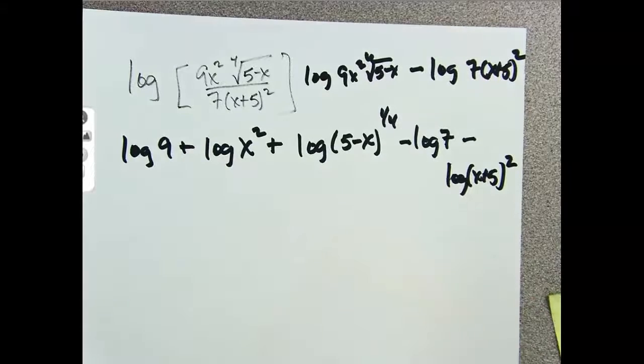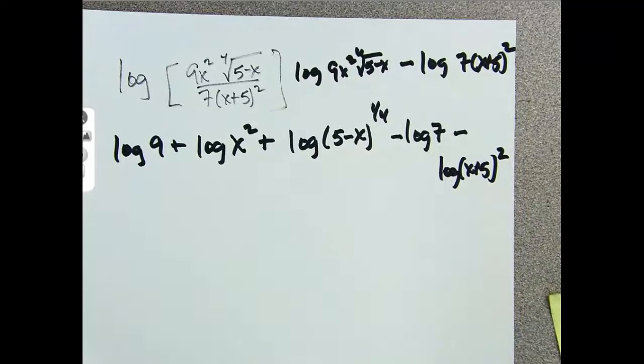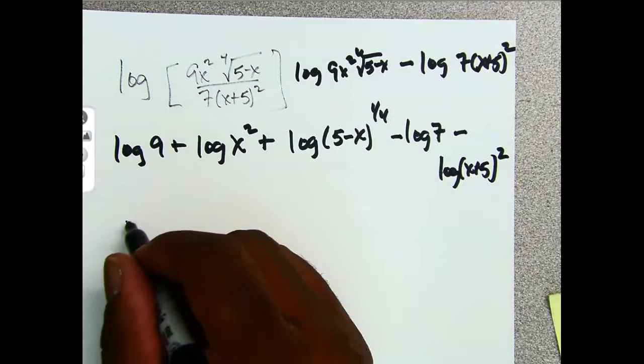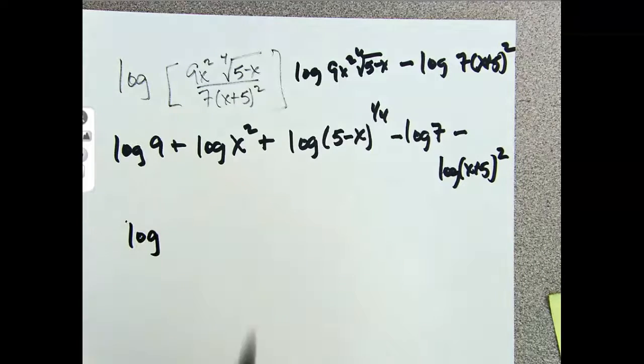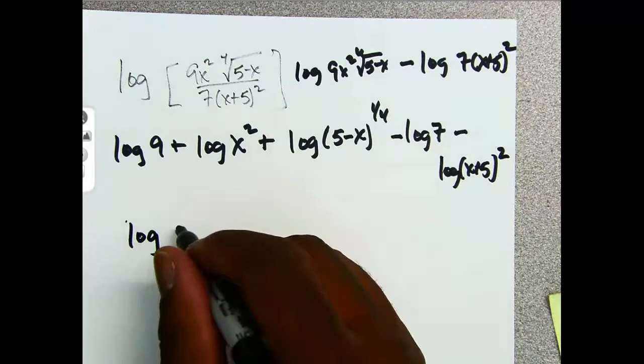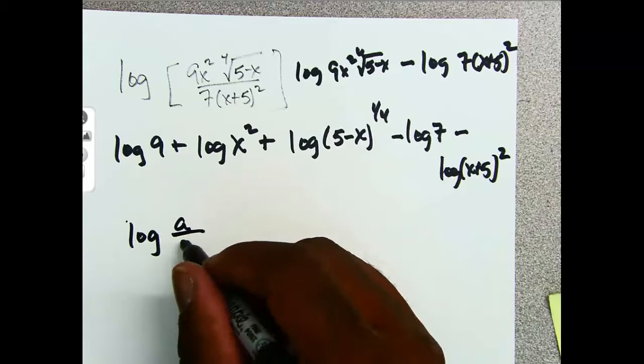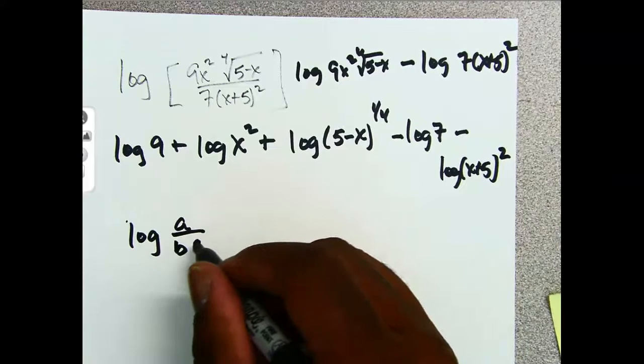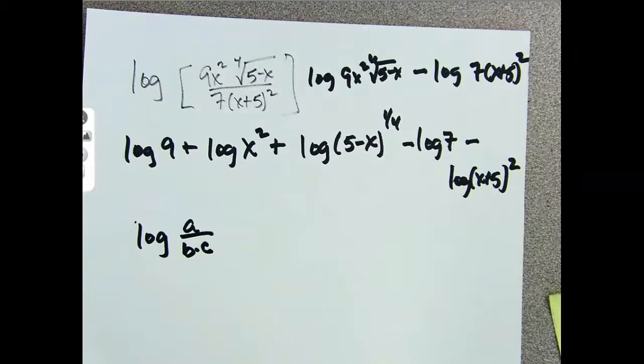So think of this. And we really have to see this too. Let's say we had log of A over BC, B times C, right? Okay.